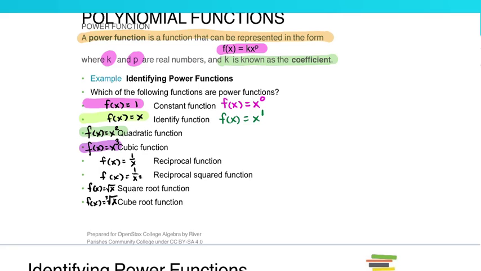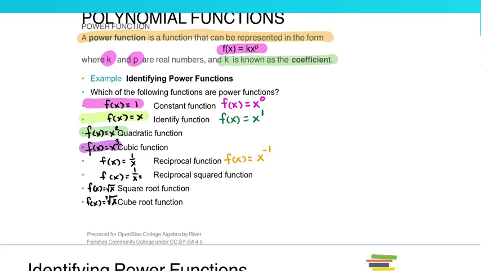And you may be wondering, how do we write these fractions, the reciprocal functions, as power functions? Well, you can, and this is how. Maybe you will remember from exponents that if you have a fraction, whatever is in the denominator, you can bring it to the numerator by making its exponent a negative.